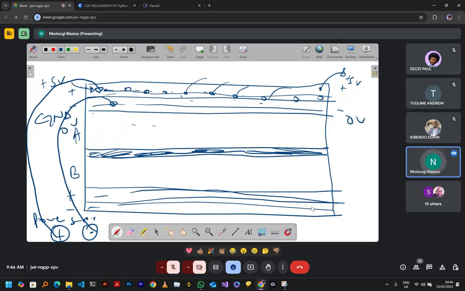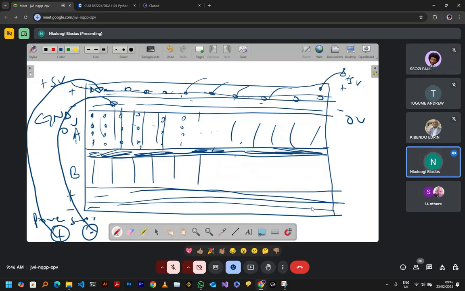No, this one is always vertical. So the holes are organized in a vertical format like this, all through, long like this. That is also what happens in this other region of B.